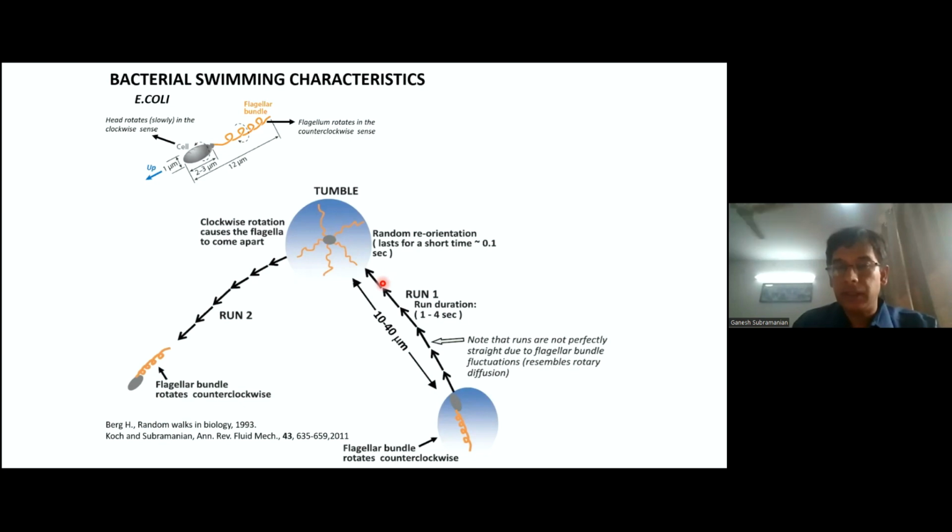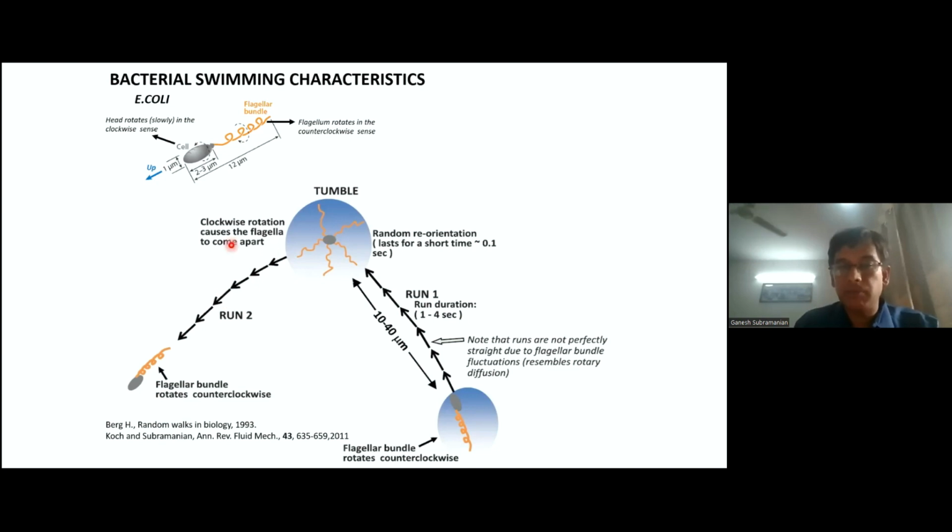But then periodically for a bacterium, the flagellar bundle that propels it comes loose, and therefore it wiggles for a while without going in any net direction. That event is called a tumble. Then the bundle comes together in a different orientation, and it sets about running along a different direction. So basically this leads to a random walk.